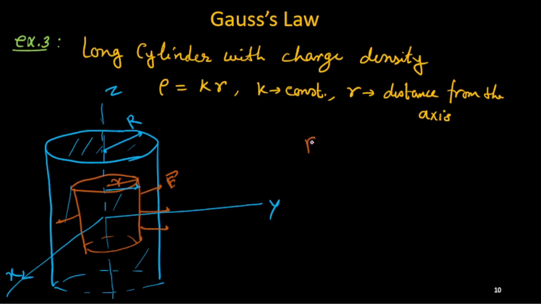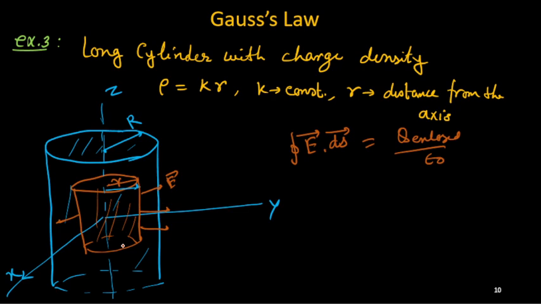So E dot ds equals total charge enclosed upon epsilon naught. Now what is the charge enclosed within this small cylinder? That you need to compute first. And the left hand side is very easy.